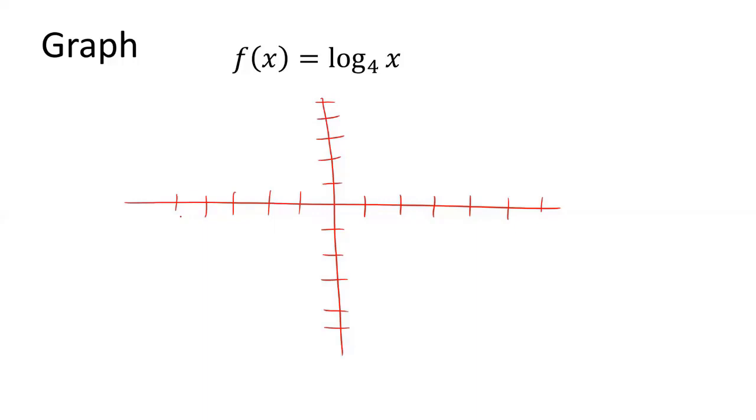Charlie, give me a point when you're ready. 1, 0, perfect. Lennon, give me another point when you're ready. 4, 1. 1, 2, 3, 4, perfect. And Dylan, another point when you're ready. 1 over 4, -1. Boom. Done. That's it.